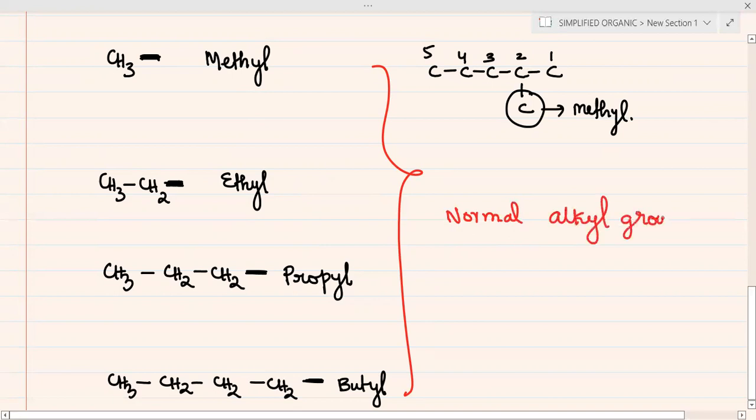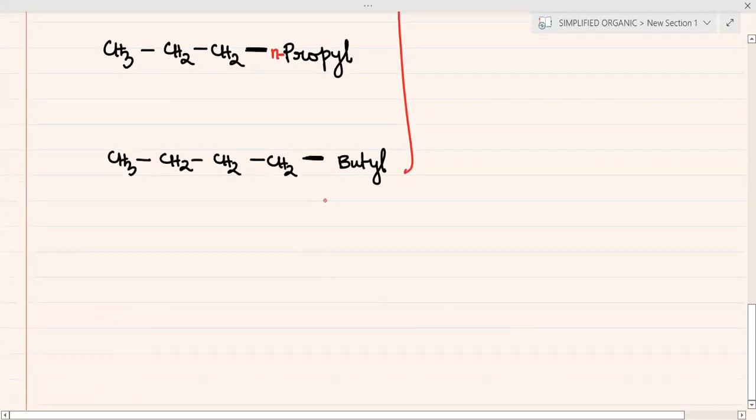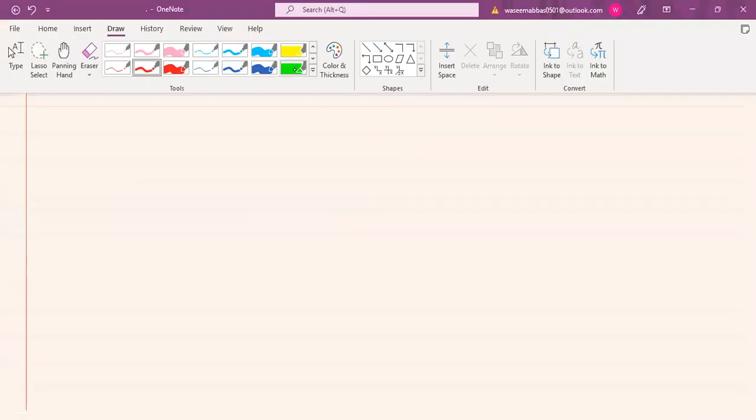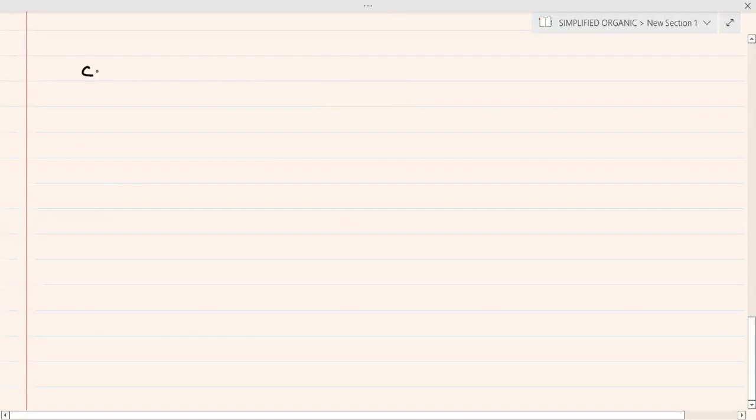So therefore, we'll just add N to this. It's like N-propyl, or like N-butyl. N means normal, without any branch. But in case of three carbons, I can write one more branch. If I give you three carbons and ask you to write the branches, I can write two branches.